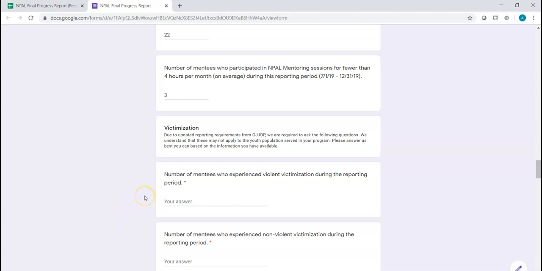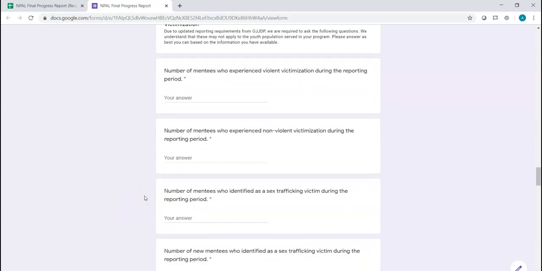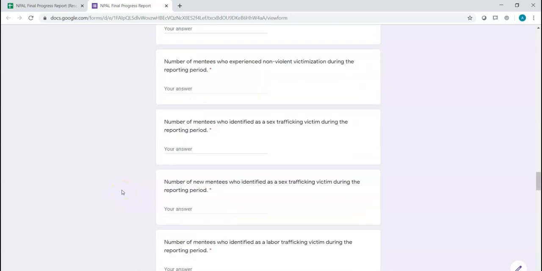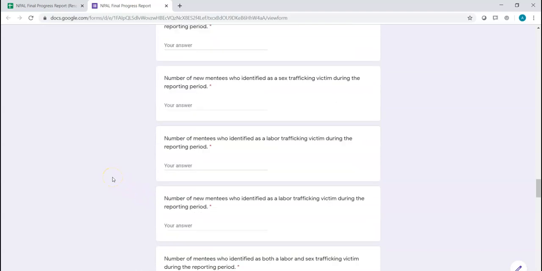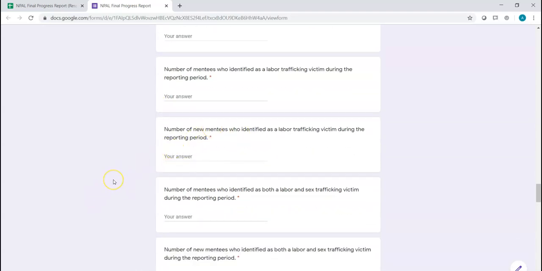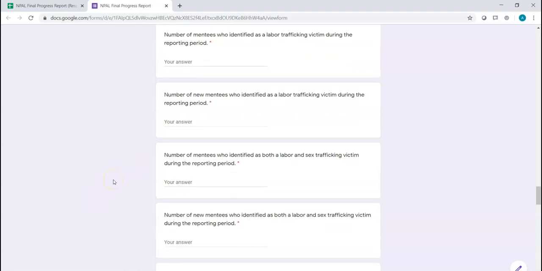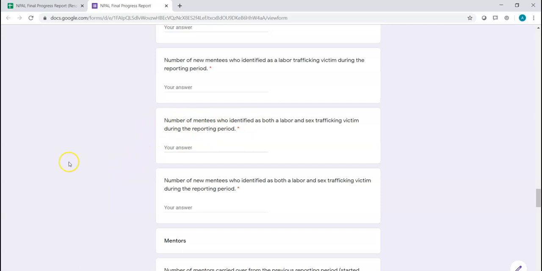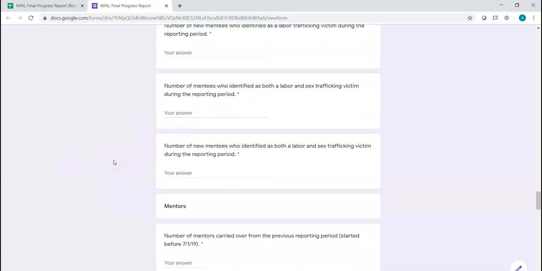So: number of mentees who experienced violent victimization during the reporting period; nonviolent victimization; folks who identified as being a sex trafficking victim, and then number of new mentees who identified as a sex trafficking victim during the reporting period; number of mentees who identified as a labor trafficking victim, and new mentees who identified as a labor trafficking victim; and then both labor and sex trafficking victim, and then new mentees who identify as both of those things.